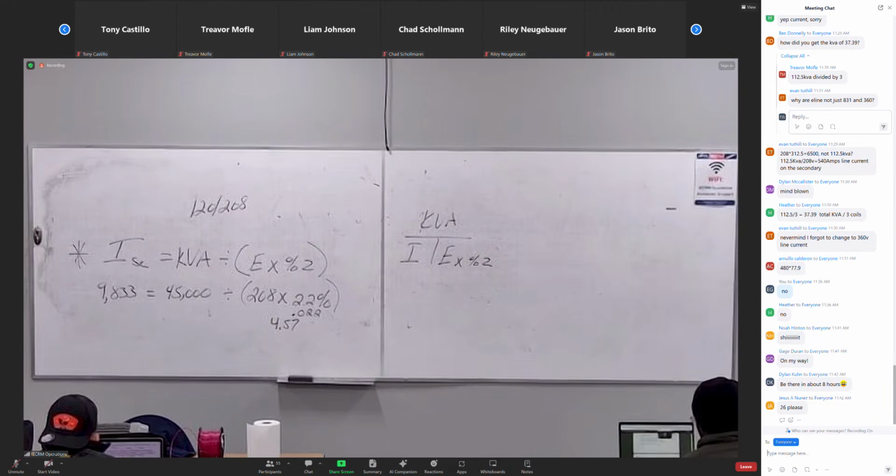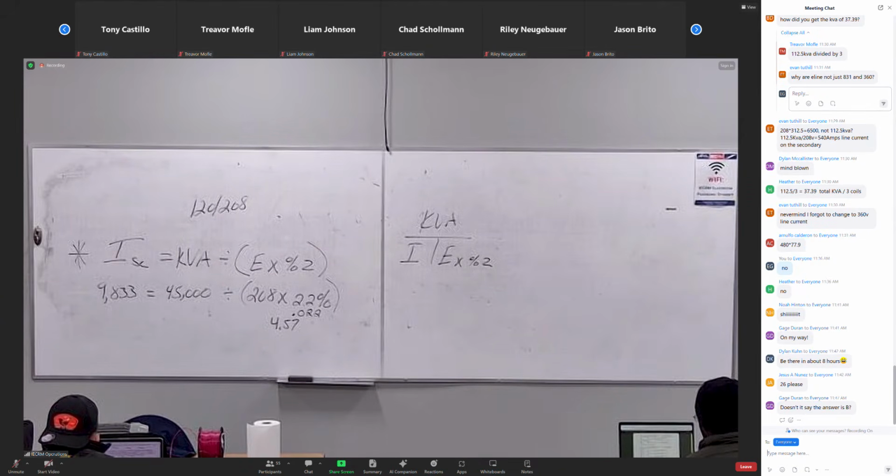Line to line? I got 9846, but it's 9834. I guess it's just because you didn't use the whole thing. On the answer key, it says that? Yeah. Well, look where they used it though.